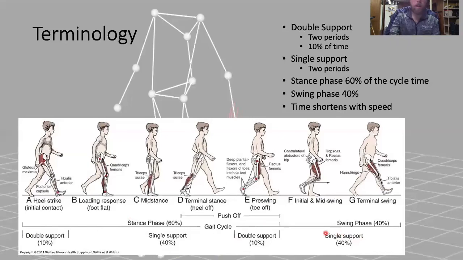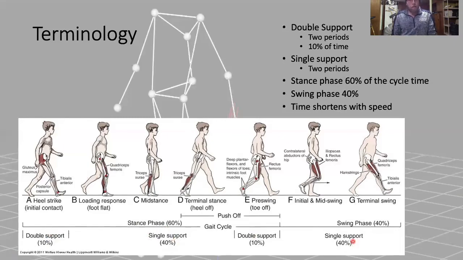So if you look at the gait cycle and you look at the period of time, this is a big takeaway here. If you look at the period of time where we're in double support, where we have both feet on the ground, and the period of time where we have one leg off the ground and we're supporting ourselves, we are in single support quite a bit in both phases. And that should be a big takeaway, because what happens when we're on one leg?